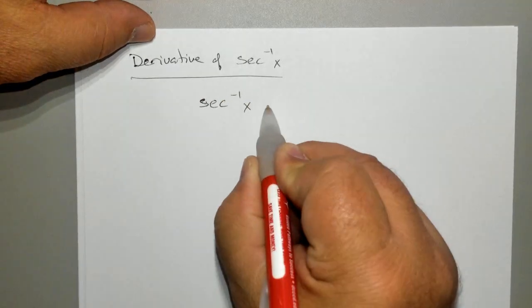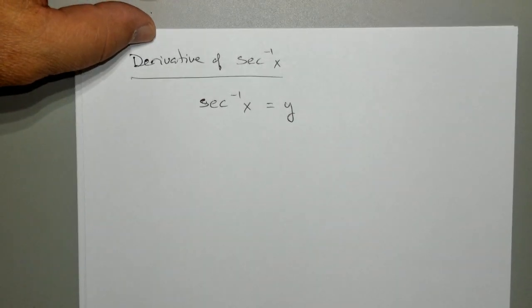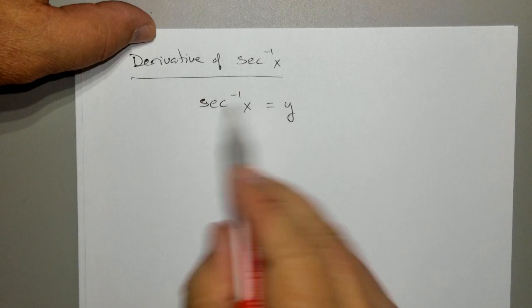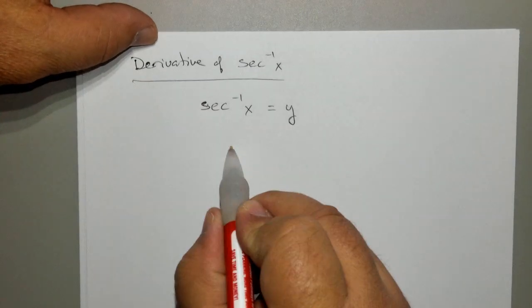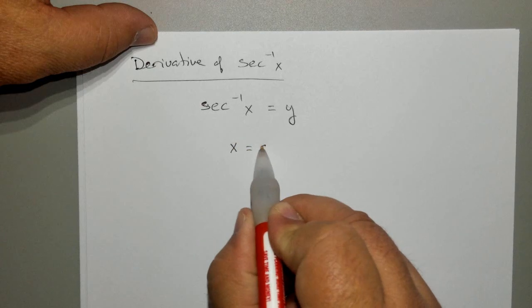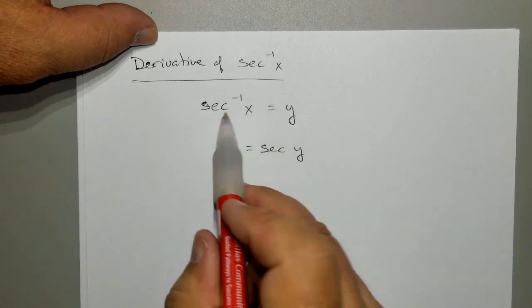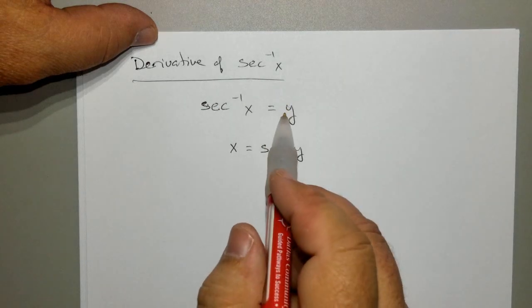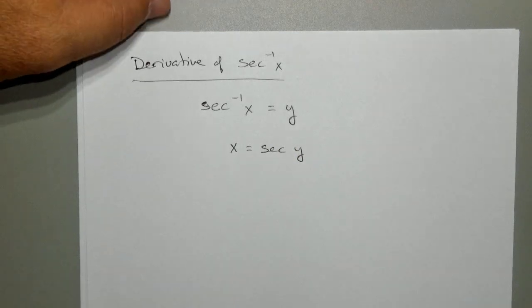Secant inverse of x is equal to y, correct? Well, how do we move the secant function over there? If you take the arcsecant to the other side, you get just a regular secant.